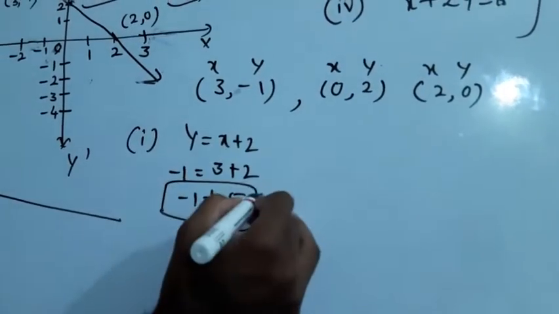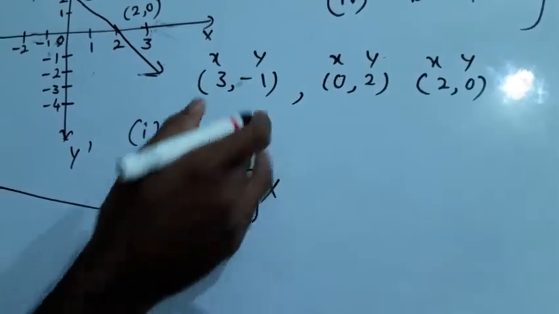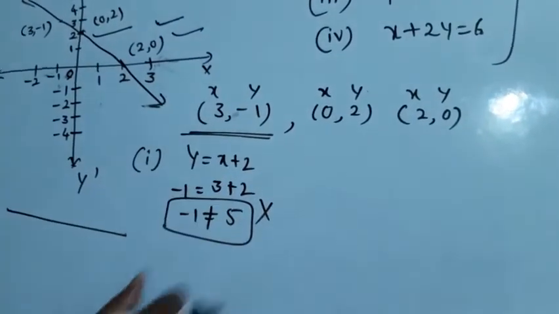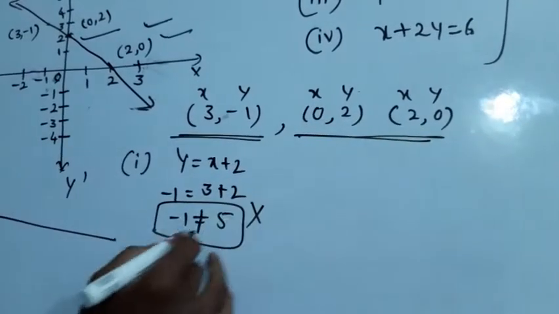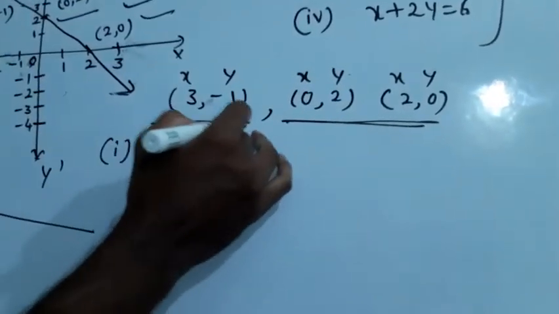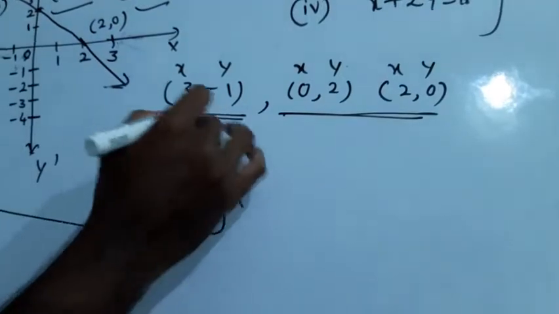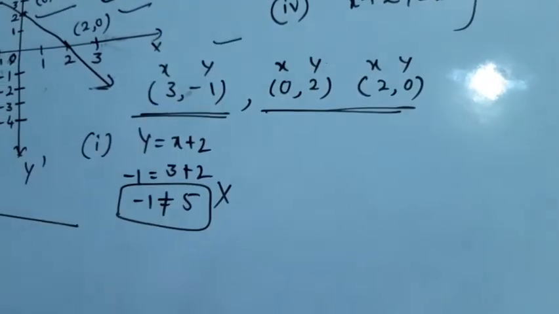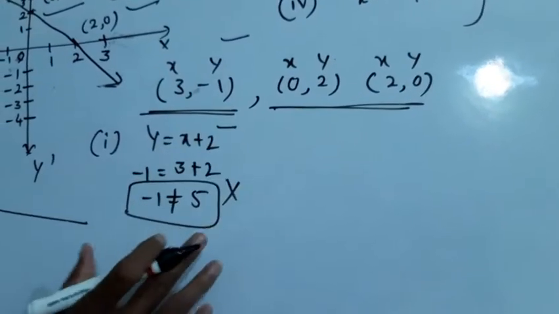If the first point is not satisfying the equation, we need not verify the others, because if it is the equation of this particular graph, it has to satisfy all the points. For the first point it failed, that is the reason we stop here.